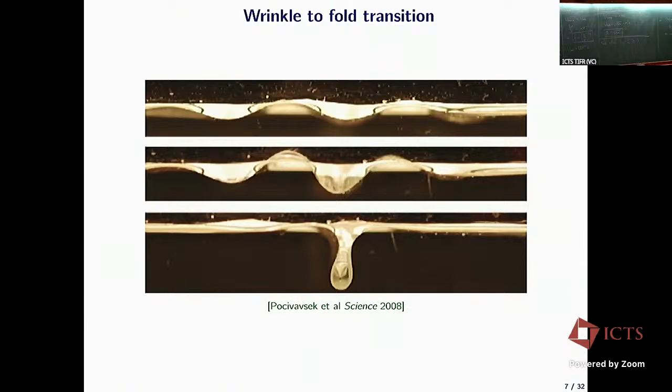For a large system, when you hit this threshold, you will already be at finite compression, and then you will jump to the fold because the compression will be larger than lambda, and you will never see the wrinkles. But if you can do it in a controlled way, you should be able to see this.